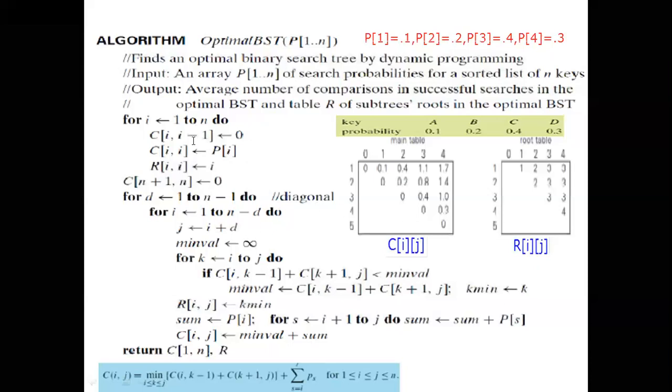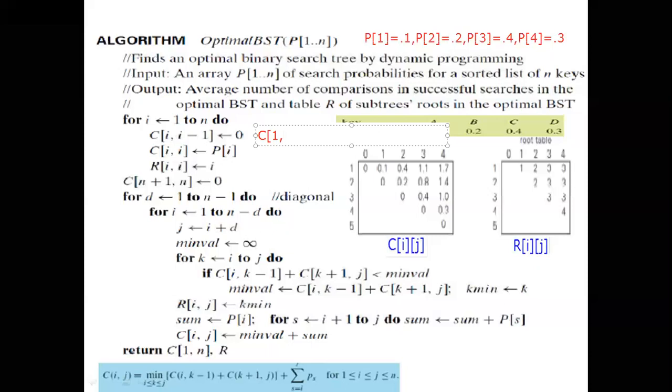First of all, I will start with the first line in this for loop. First, for I is equal to 1 to 4, I is equal to 1. First line I will execute. What is going to happen, we can see. C of I, which is 1, comma I minus 1.